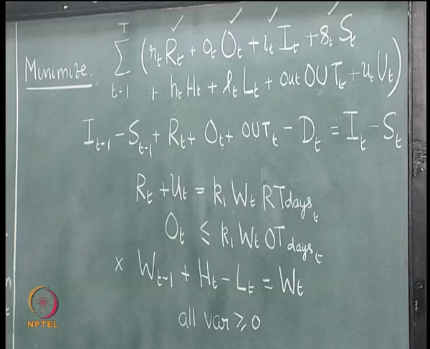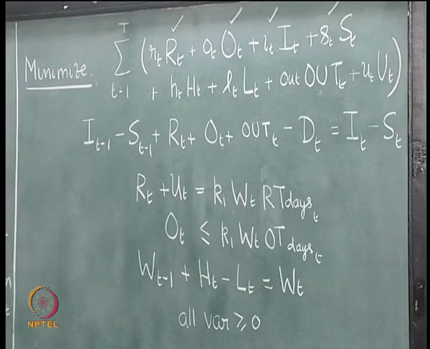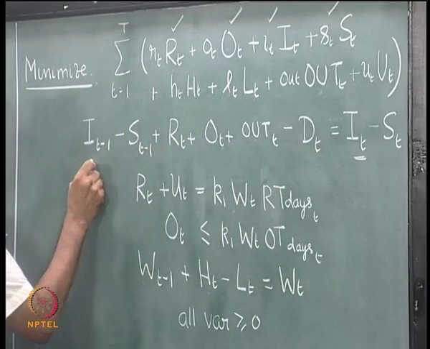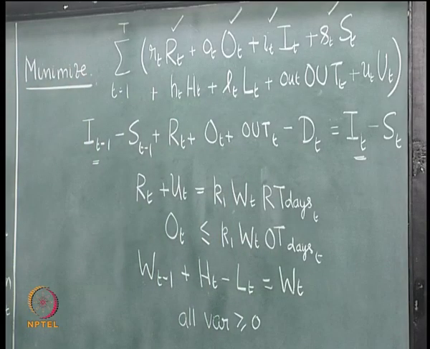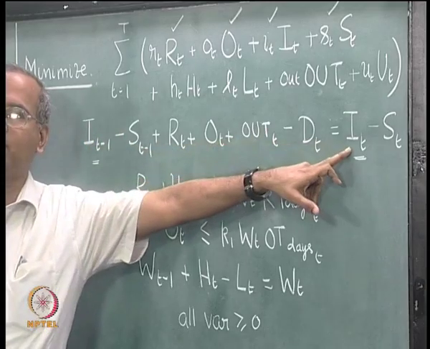Now, in addition, organizations may have some other kind of constraints. See, here we do not have any restriction on the values that IT and IT minus 1 can take. If it is cheaper and economical, we do not mind building a lot of inventory through this model, because we are not restricting the value of IT.